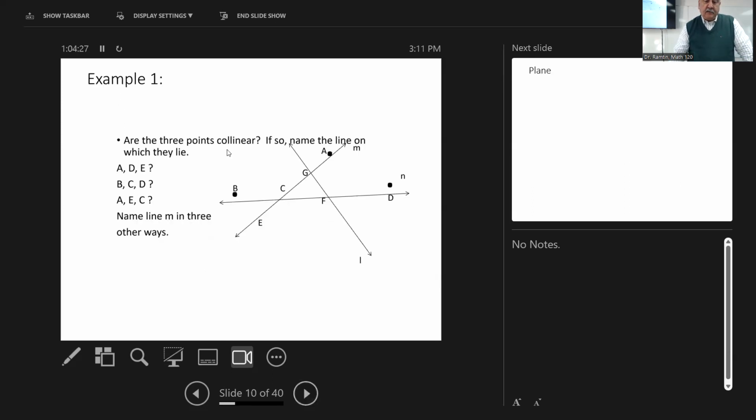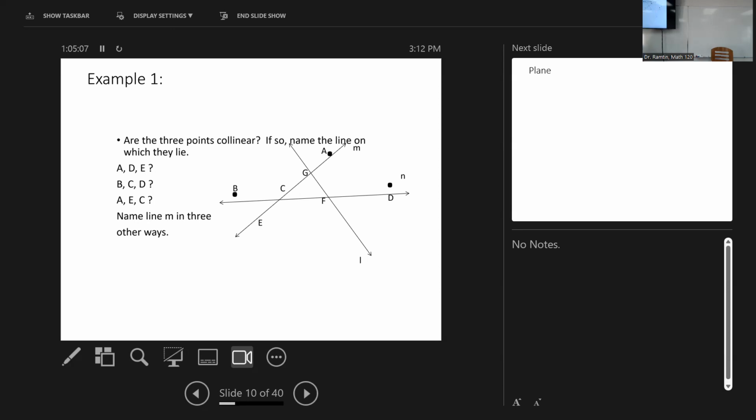Then here, if you have this figure, are there collinear points? If so, name them and name the line on which they lie. For example, are A, D, and E collinear? Let's see. This is A, this is point E. No, they are not.